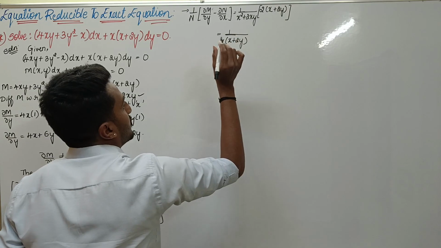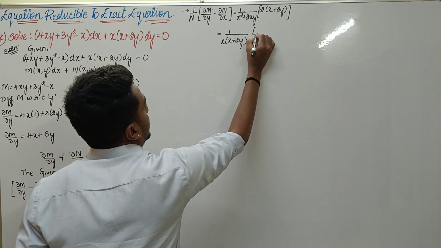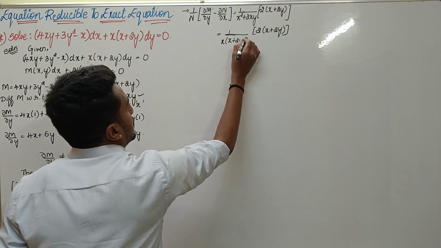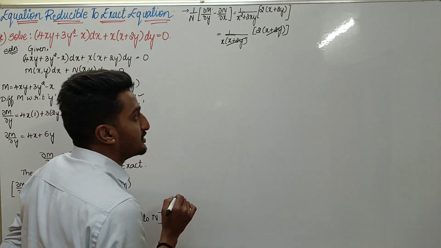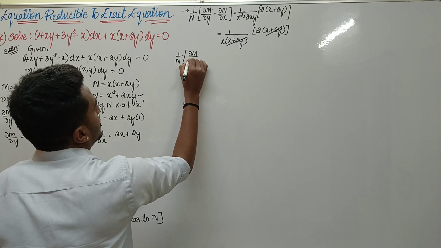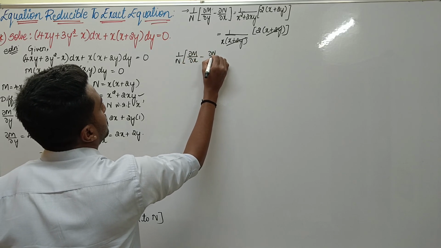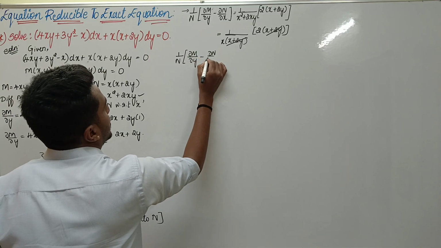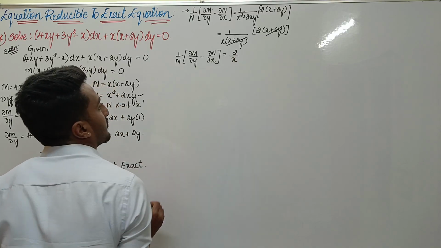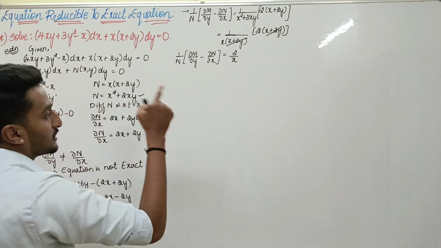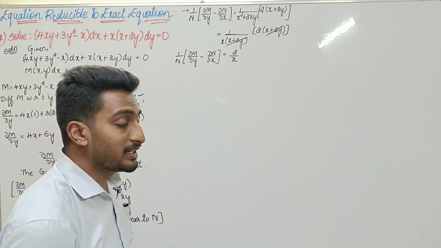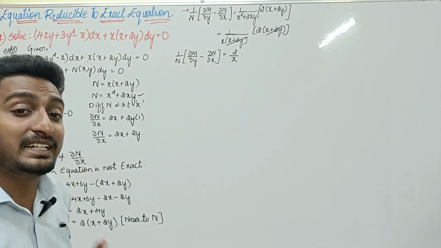Just check what the common term is. We have x here, and here also we have 2 into (x + 2y), where x + 2y gets cancelled. You get 1/N into (∂M/∂y minus ∂N/∂x) equal to 2/x. Now, I need to find the integrating factor.